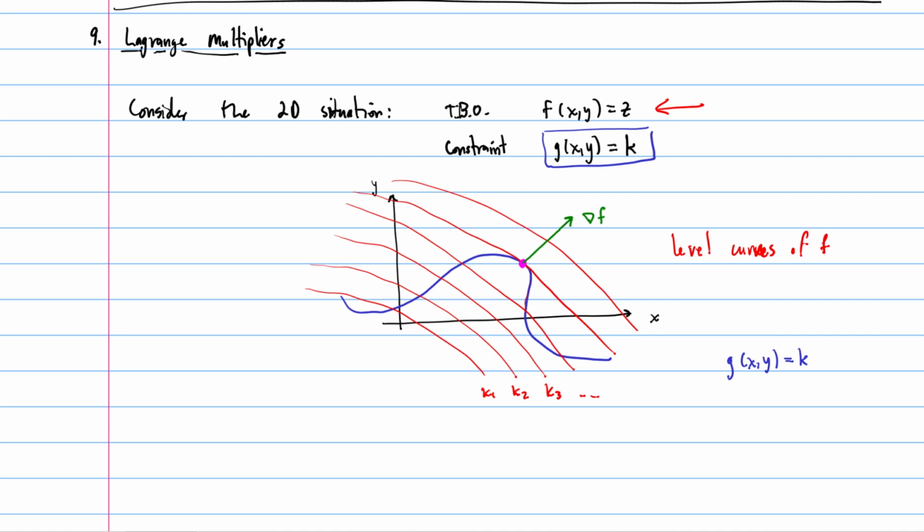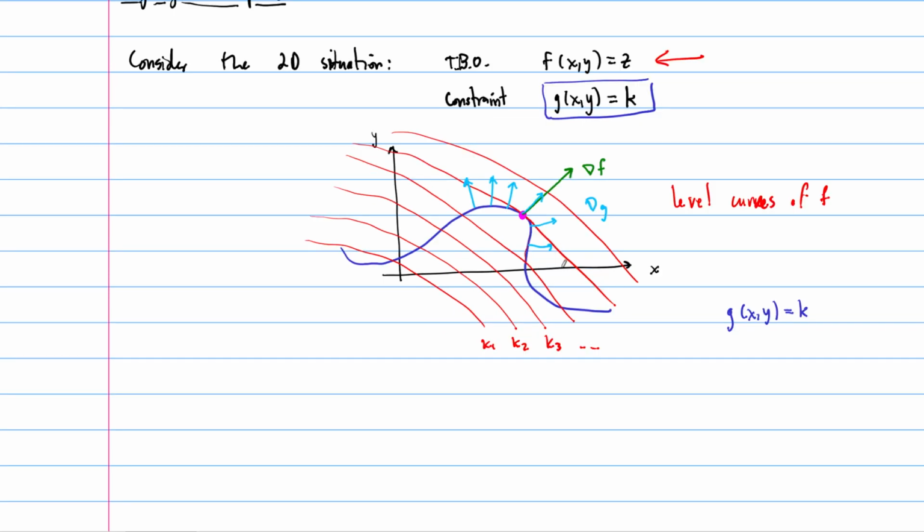At the same time, the gradient vector of g is orthogonal at every point, and at this point, notice that it's going to be exactly in the same direction as the gradient of f. So the whole idea here is that we're looking for a point where the gradient vectors of f and g have the same direction. Now, direction could mean negative, right? So we're going to say that they're parallel.